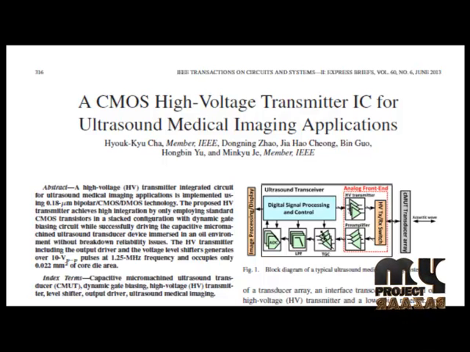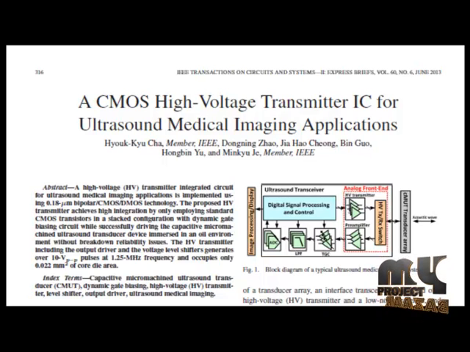In this brief, a highly integrated high voltage transmitter utilizing standard CMOS transistors is targeted for ultrasound medical imaging in a highly integrated needle device for obstetrics and gynecology applications.